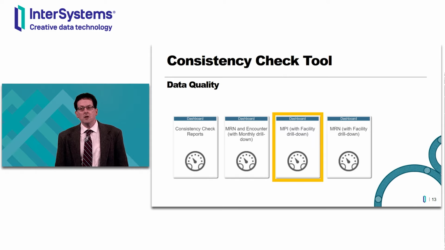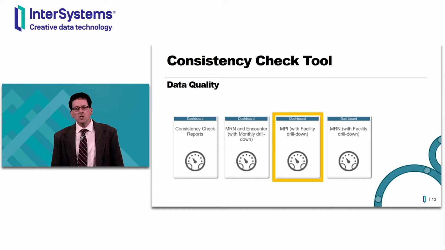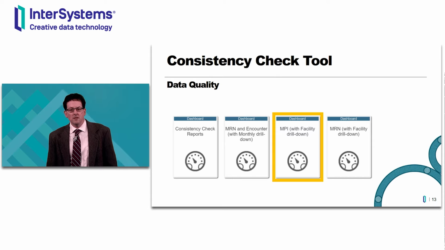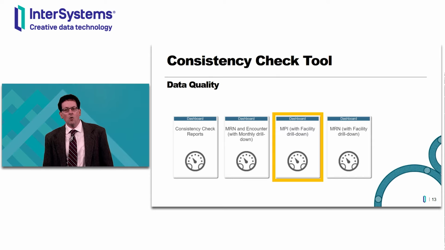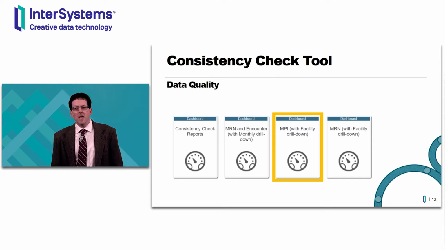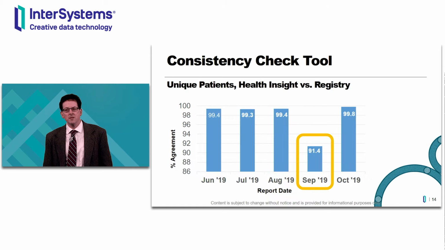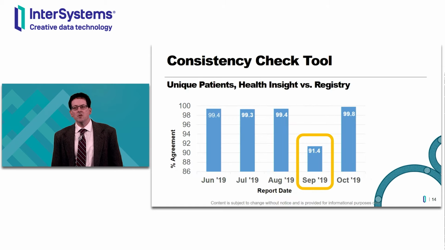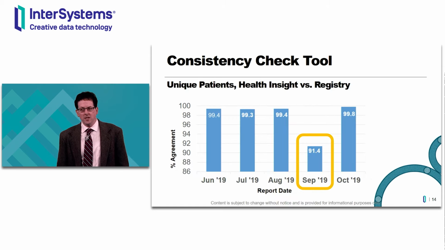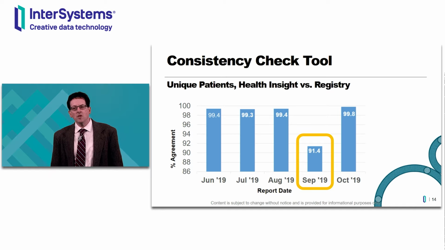Earlier versions compare the count of patient MRNs and patient encounters on each edge with Health Insight. New in 2020.1, we count unique patients from the registry and compare them with deduplicated patients in Health Insight source tables and cubes. This helps customers monitor data flow into Health Insight and identify changes over time.